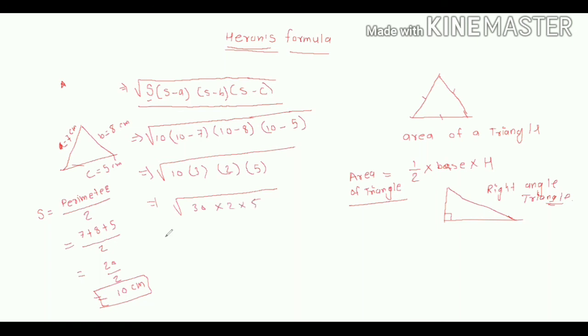Next, 2 threes are 6, 60 into 5, and 6 fives are 30, so 300. If you find the root of 300, 300 is not a perfect square, so you have to write the value as it is, root 300. Thank you so much.